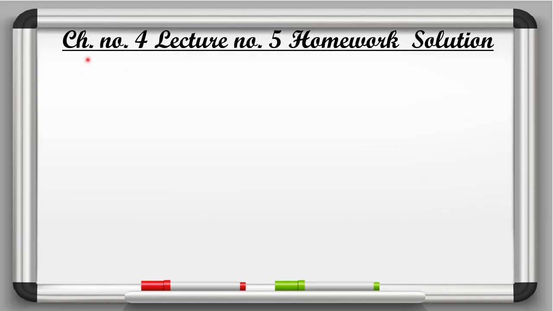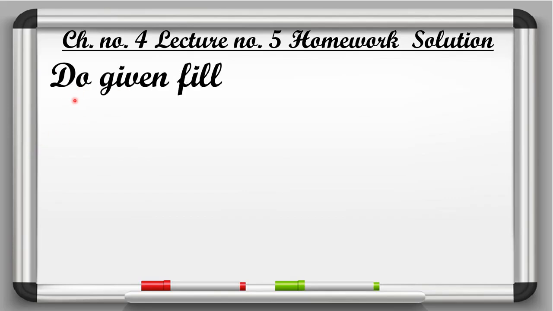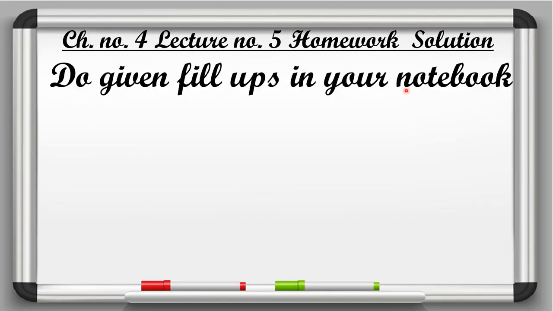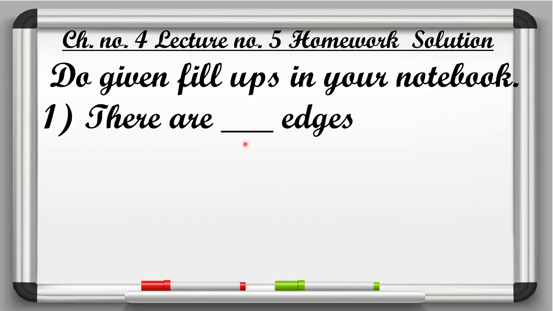Now the next is chapter number 4, lecture number 5, homework solution. So I had given you some fill-ups. So let's discuss. Do given fill-ups in your notebook. One is there are dash edges in a cube. So beta, in a cube, how many edges are there? I told you earlier, that is 12 edges.